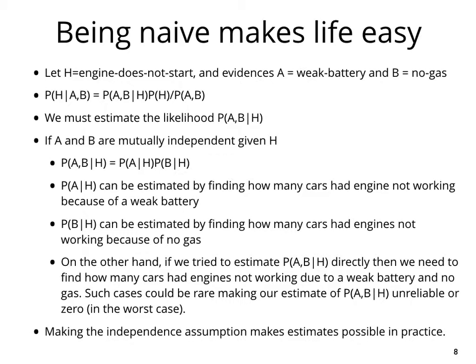So the number of cars that we can find where both A and B are either true or false might be much smaller compared to the cars that we can find where either one of the two events is true.